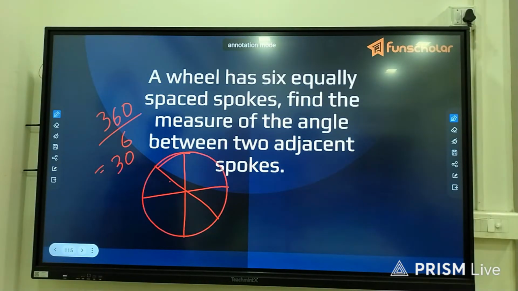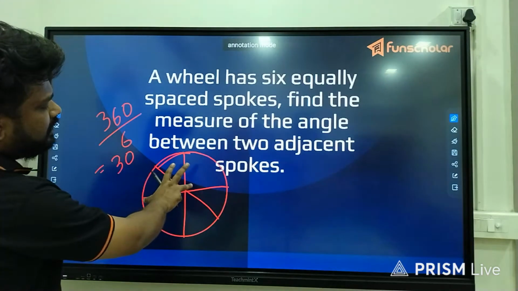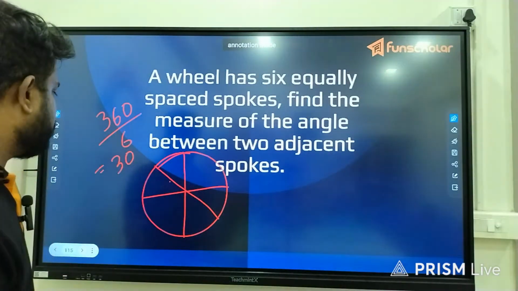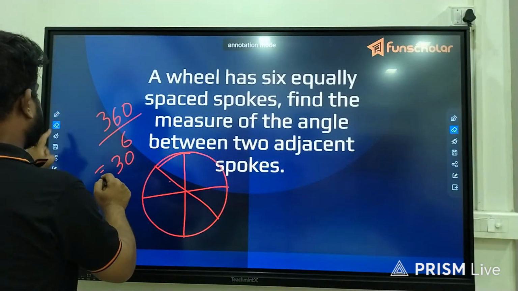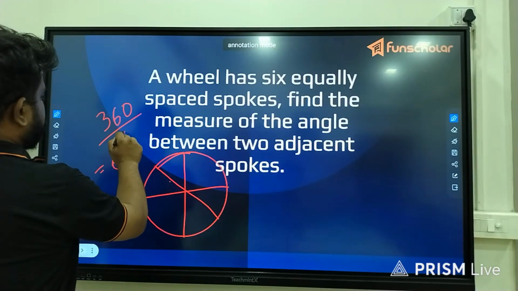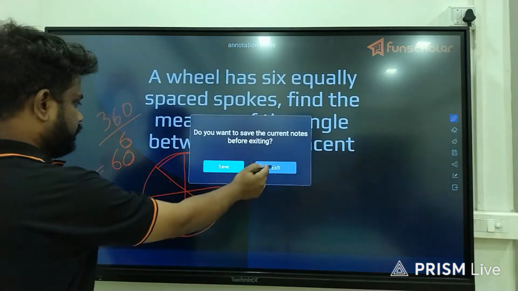Okay, so the angle will be 30 degree between each, equally spaced. In this figure it's not equal, but it will be 360 by 6, so it will be 30 degree. Oh, sorry, not 30 degree, it will be 60 degree. 360 by 6 will be 60. Okay, done.